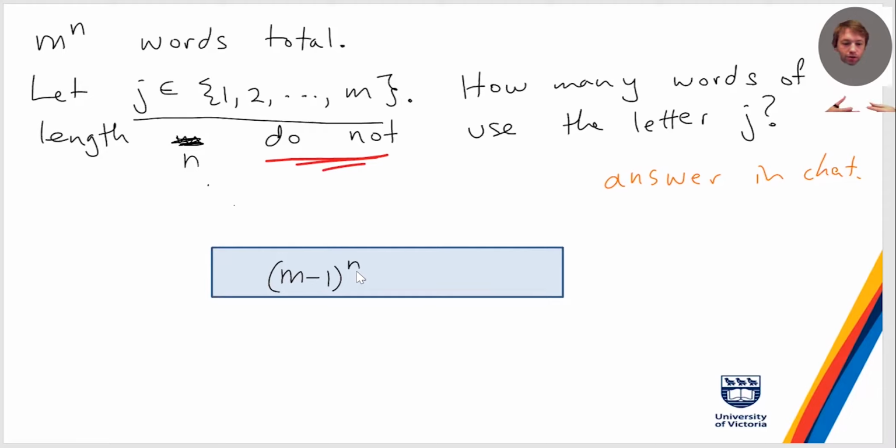Okay, so then what we might think is the right thing to do is just take the entire universe of words, m to the n, and then subtract the ones that don't use j, and go through all the different values of j. Sounds plausible, right?